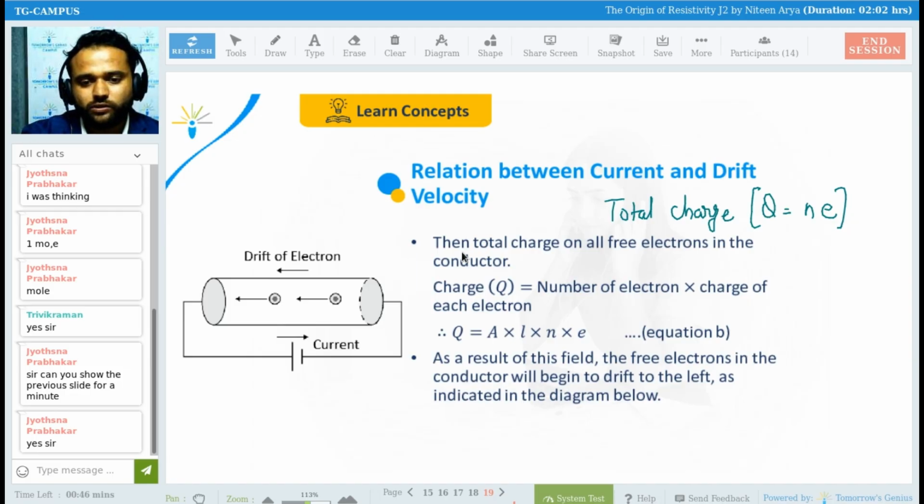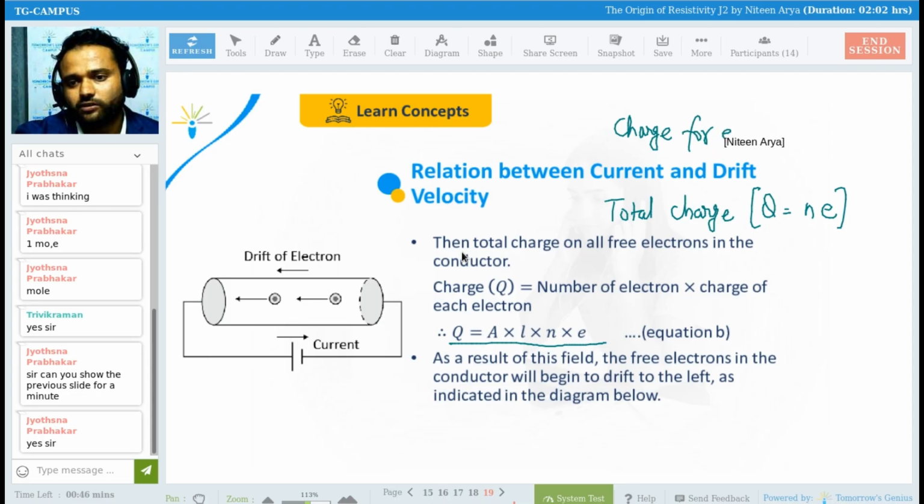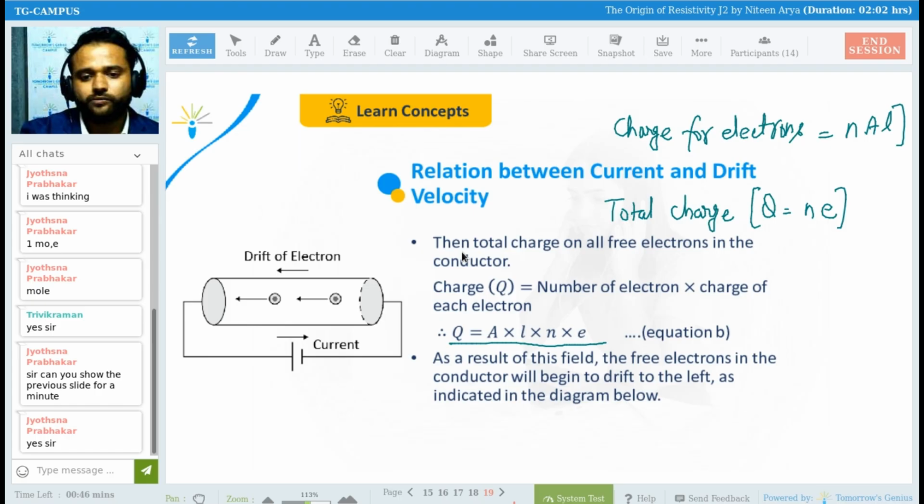So this is your total charge, from the previous chapter, because the charge on one electron is e, and the number of electrons is n into A into L, simply n into volume. So total charge equals number of electrons times e. Okay, this is not charge, this is the number of electrons.